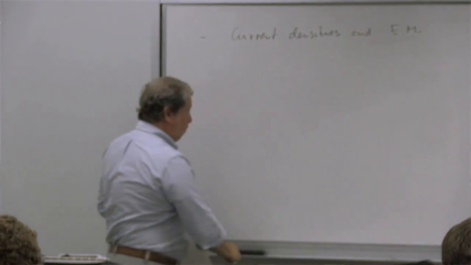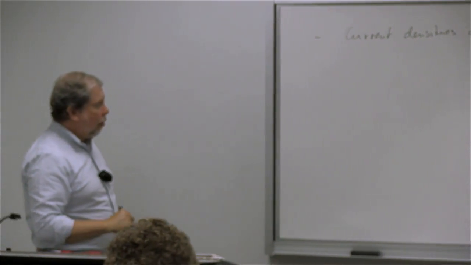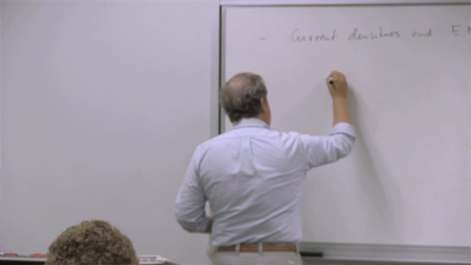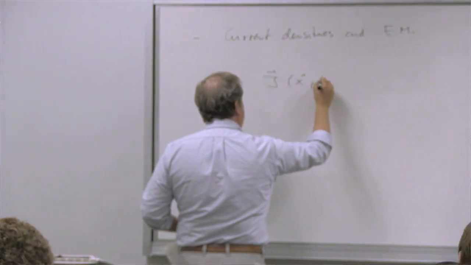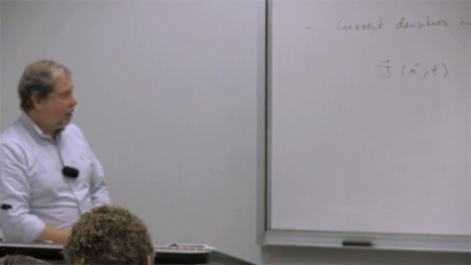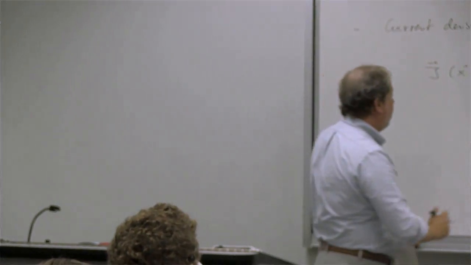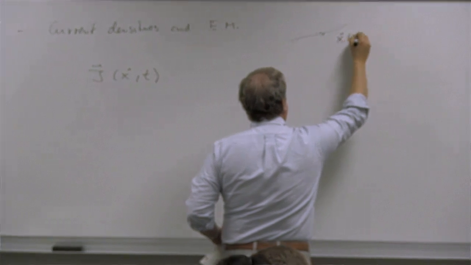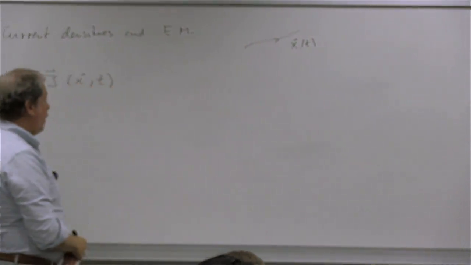And what I want to show you is that the current density in electromagnetism can be written as a four-vector. So what we first do is we write down the current for a single particle, or maybe a combination of particles, but it will be simplest to just deal with a single particle. So we have a single particle that follows some trajectory, which depends on the time.